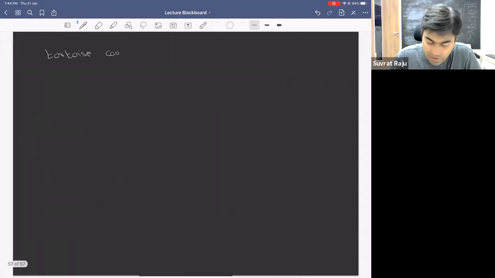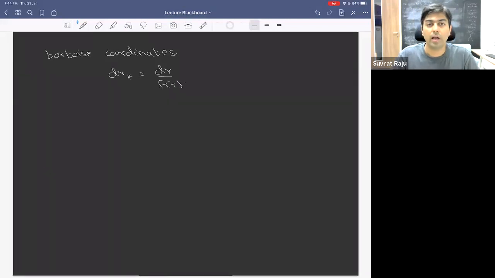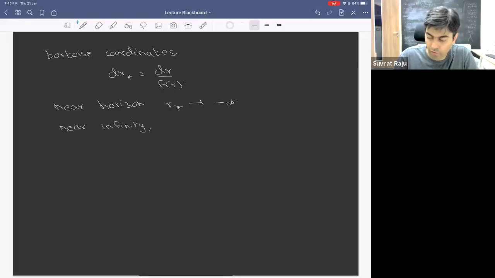Okay, so we'll introduce tortoise coordinates. These are once again introduced as dr star being dr by f of r. Now near the horizon, once again, r star goes to minus infinity. This is the same as what we saw in flat space for the tortoise coordinate near the horizon. But near infinity, r star goes to a constant.